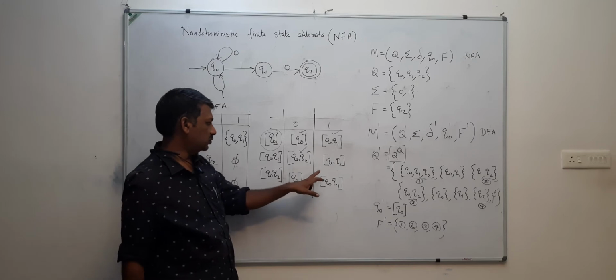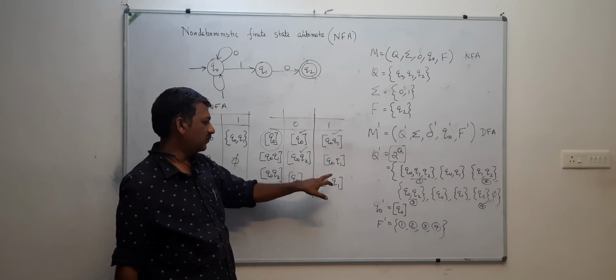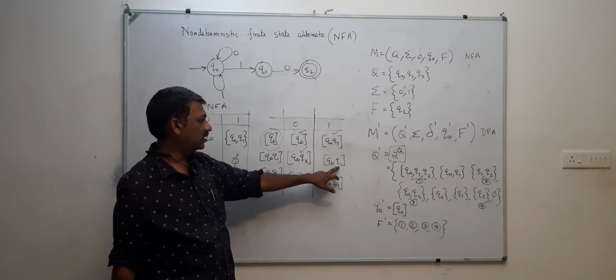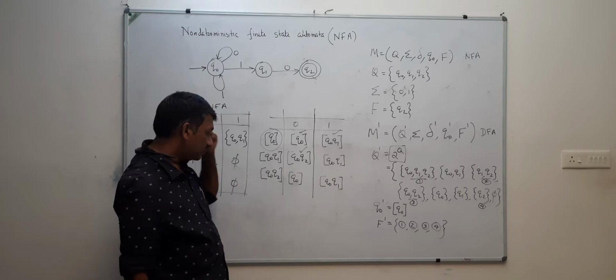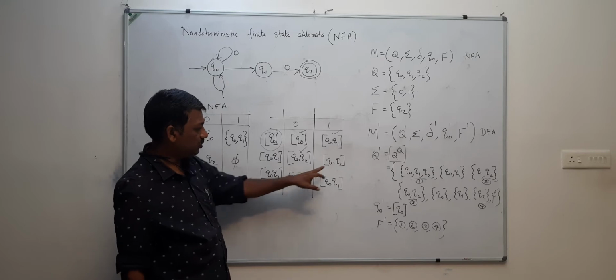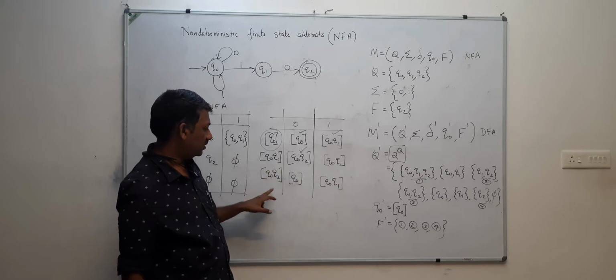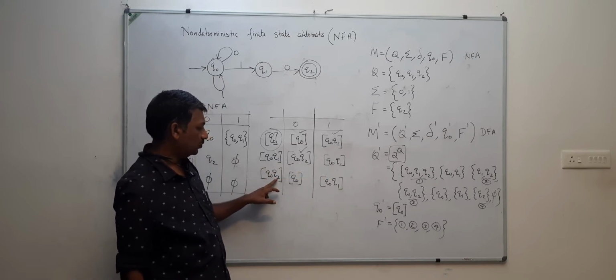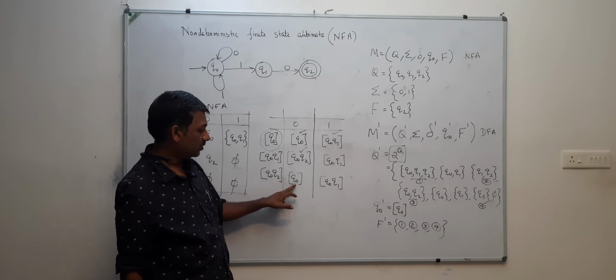Now, what about Q0 Q1? The transition for Q0 Q1 is already defined. What about Q0 Q2? The transitions for 0 and 1 we have defined.